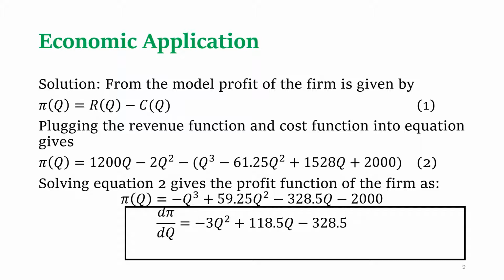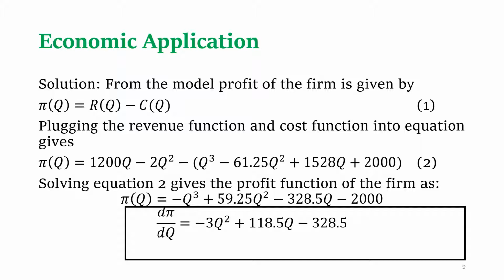Now let's open the bracket. Now let's expand. We solve equation 2 by expanding this. We're going to have 1200Q minus 2Q squared minus Q raised to the power 3, because minus times plus is minus. And then minus times minus, minus 61.25 becomes plus 61.25Q squared, right?